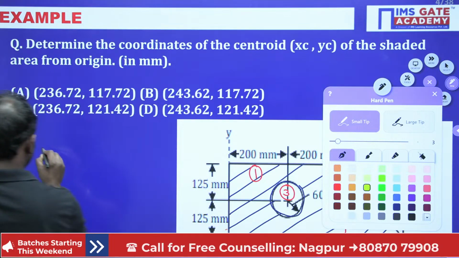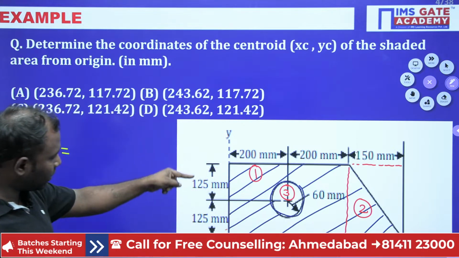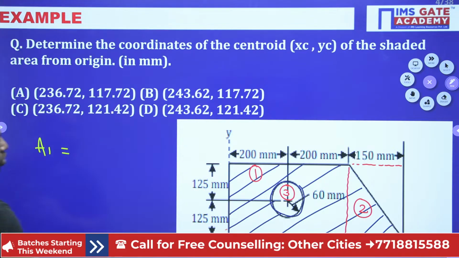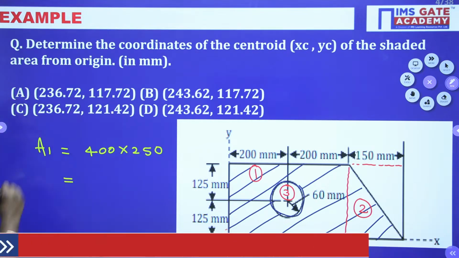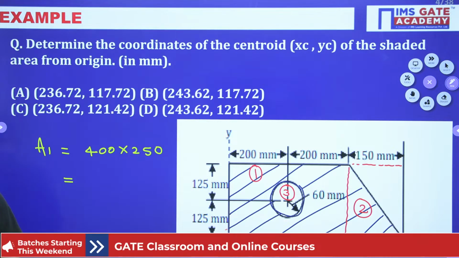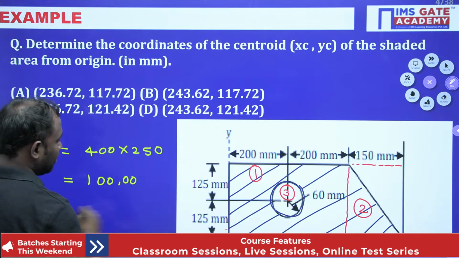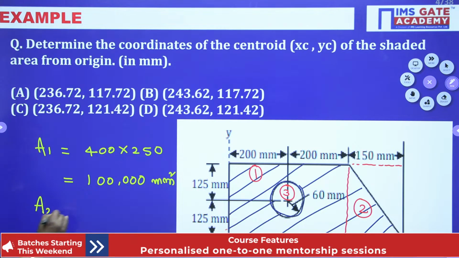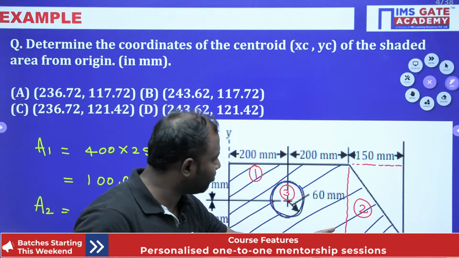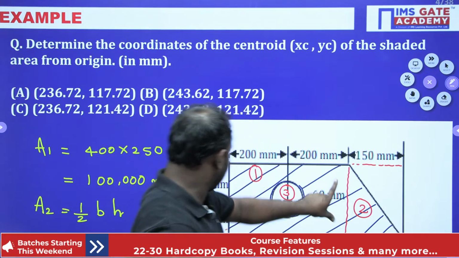Area A1 is 400 into 250, since it is 125 plus 125, which is 250. That is 1 lakh mm square. Similarly, area of the triangle is half B H. Base is 150 and height is again 250.